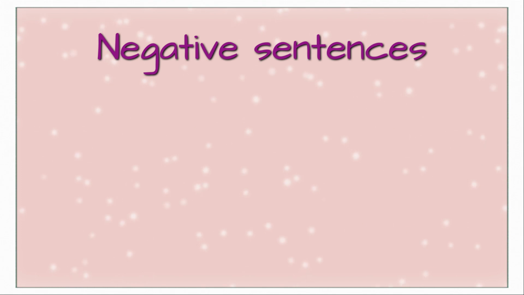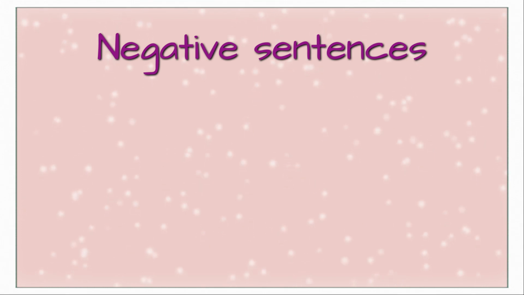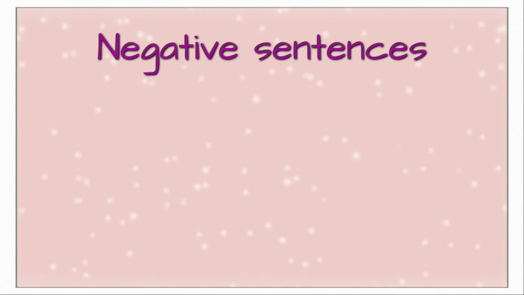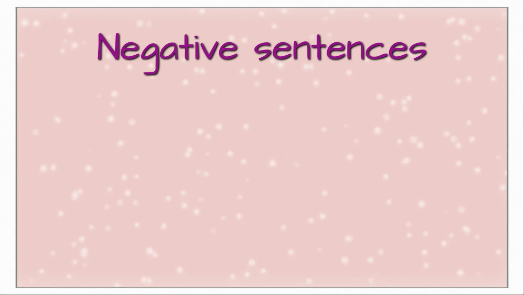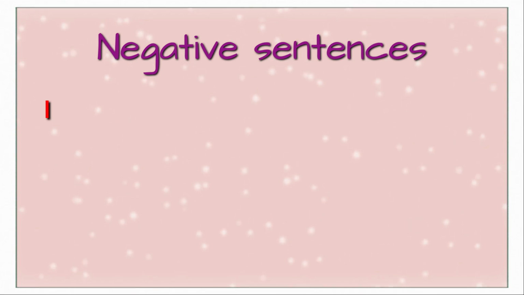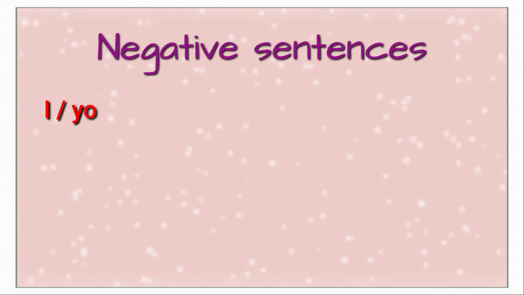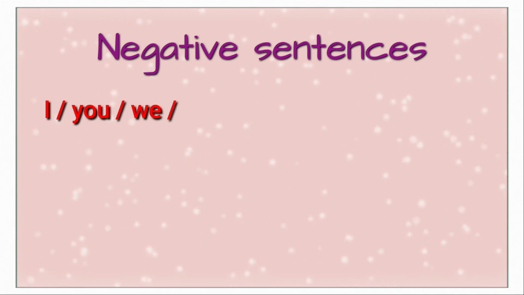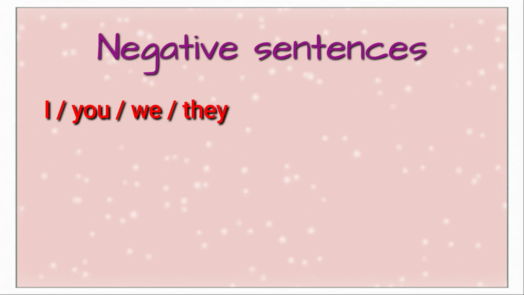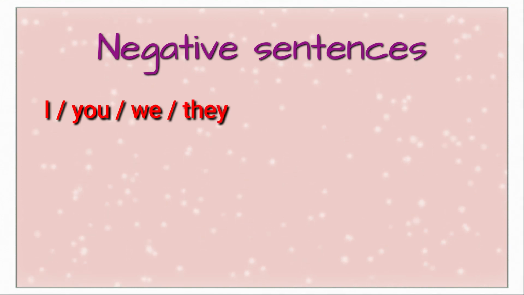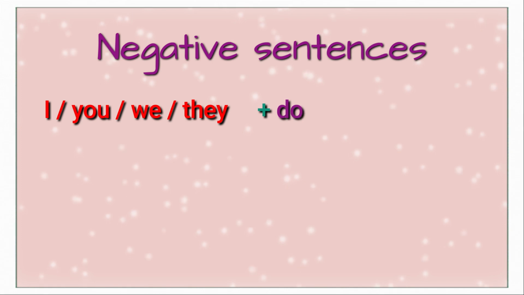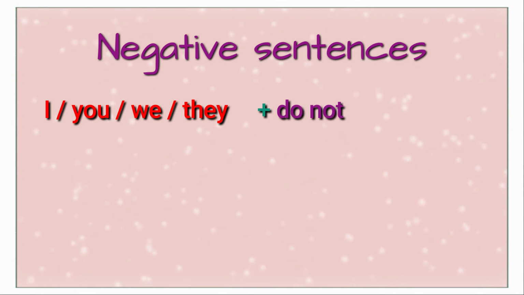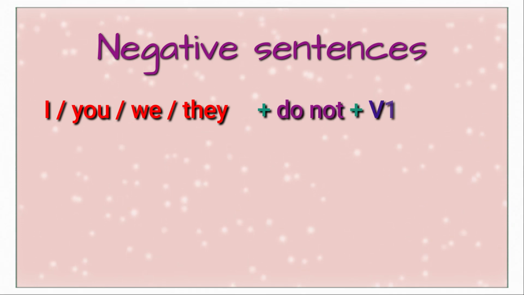Now we are going to see how to make negative sentences. If the subject is I, you, we and they, then after the subject we will add do not plus first form of verb plus object.